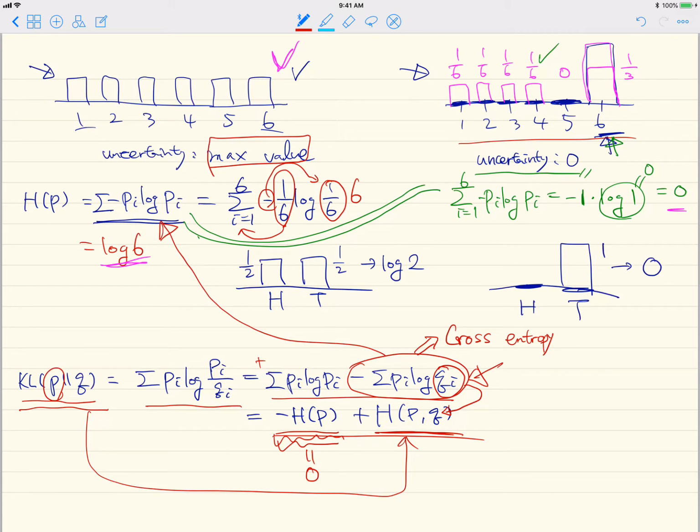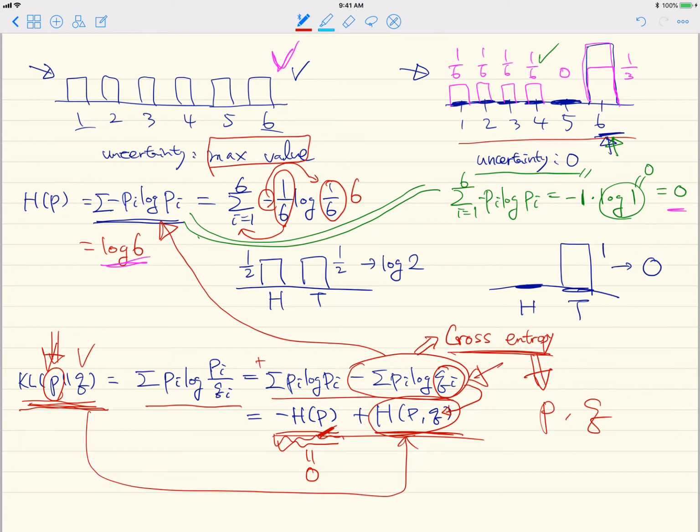So we understand that the KL divergence is a measure that quantifies the difference between the two probability distributions P and Q, and it is actually the same as this cross entropy in the case where P is a one-hot vector that has 0 uncertainty, right? And thus this KL divergence is measuring the distance between P and Q, right?